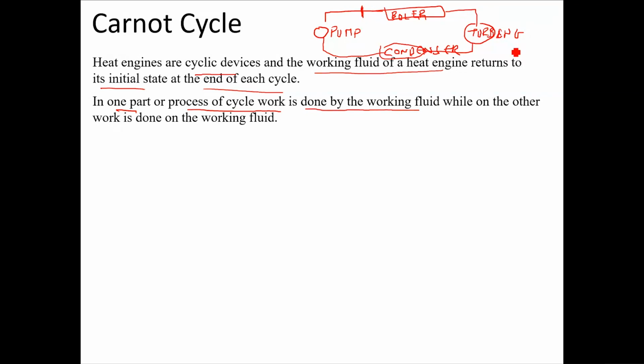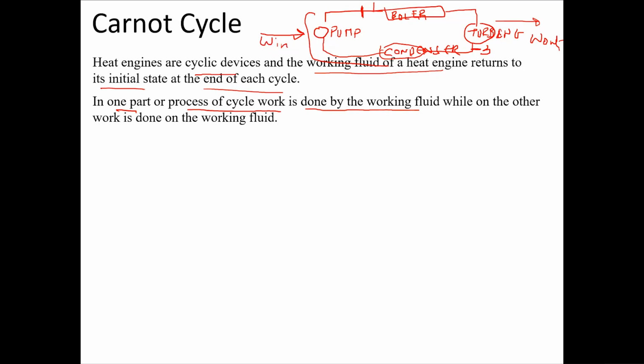From boiler to turbine, the fluid gets heat and is then used to produce work out. There is work output produced as a result of the process from 1 to, let's say, 3. And then from 3 back to 1, there is work being done onto the fluid in terms of pump work.